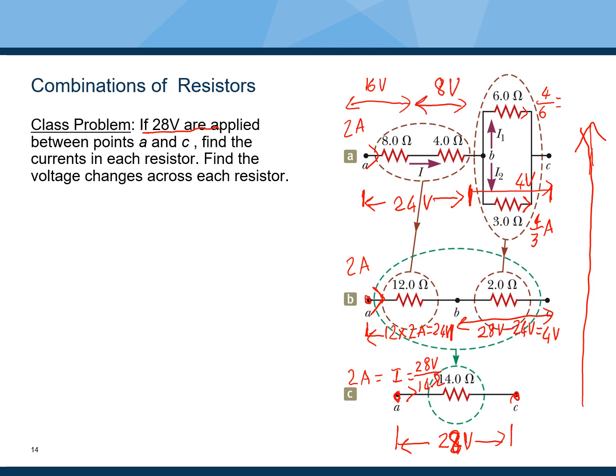So out here across the 4 ohm resistor we have a drop of 8 volts.